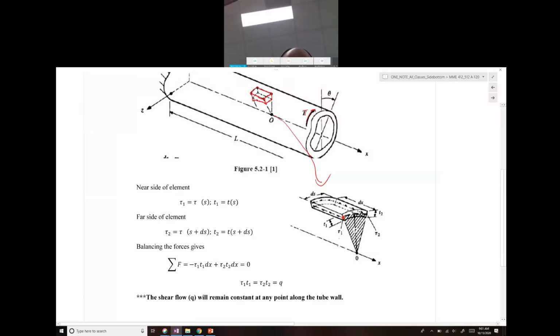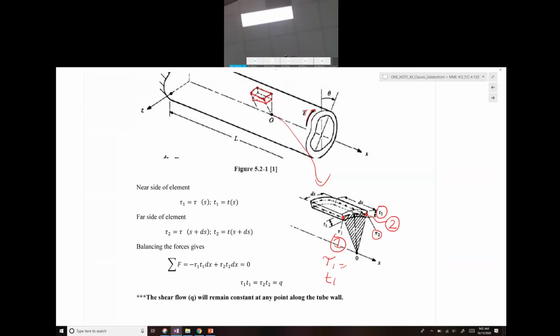We can define point 1 and we can define point 2. At point 1, we have a shear stress tau 1 and a thickness of T1. At point 2, we have a shear stress tau 2 and a thickness of T2.